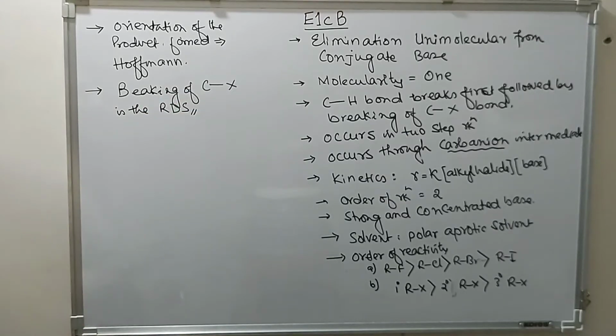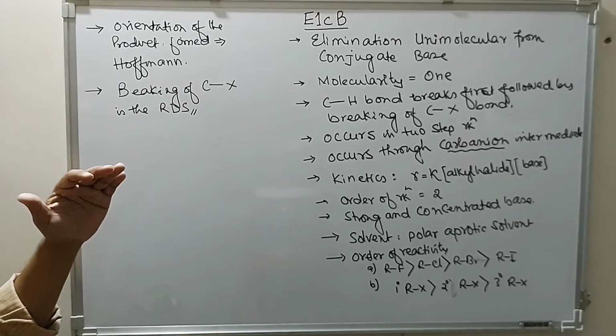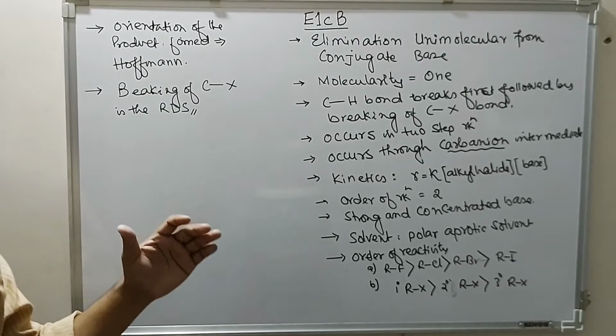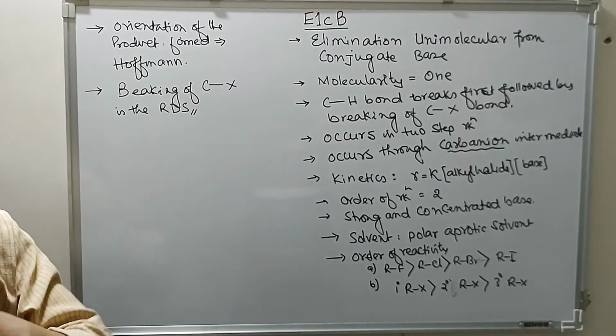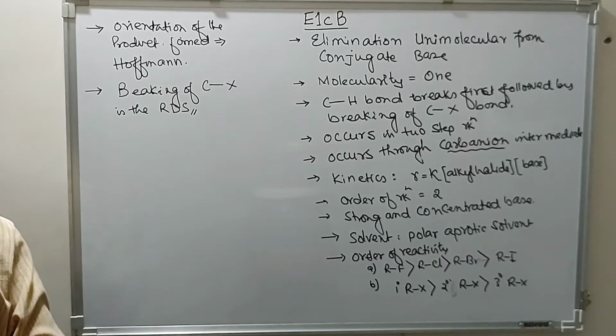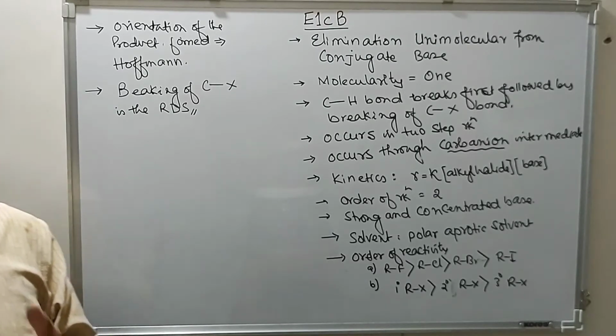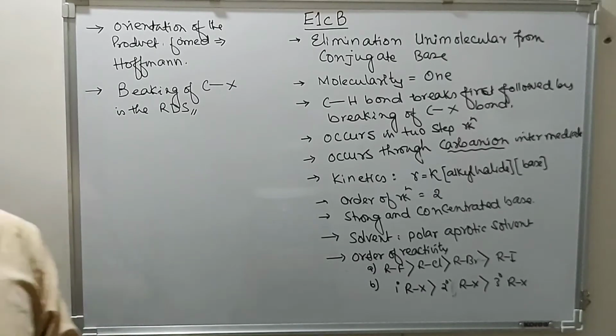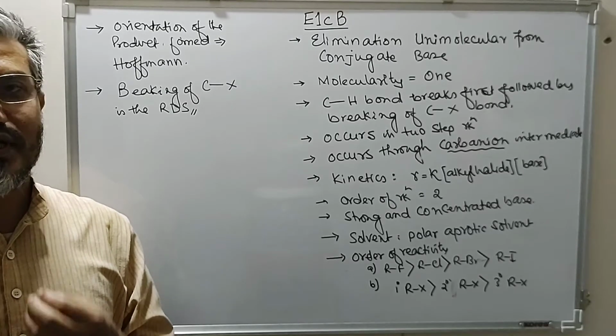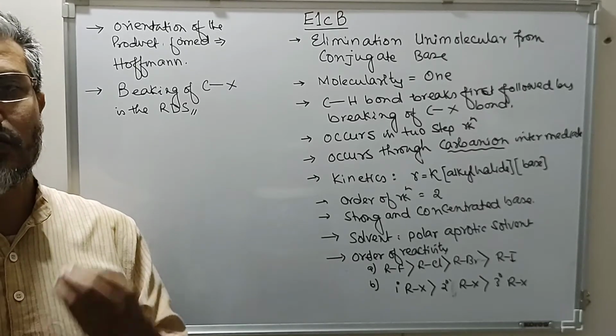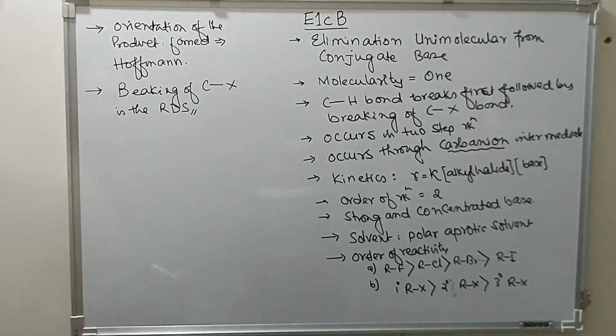Now this E1cB reaction, the rate of reaction does not show primary kinetic isotope effect, meaning thereby the rate determining step does not involve breaking of carbon-hydrogen bond. So let's go to the mechanism, because all these features will be clear when we discuss the mechanism of the reaction.